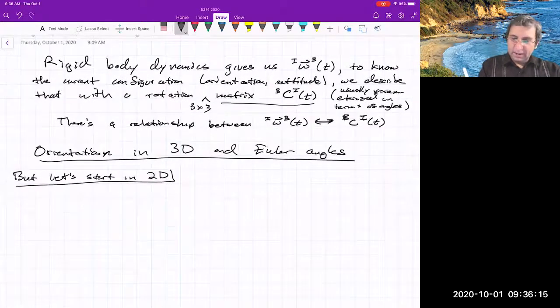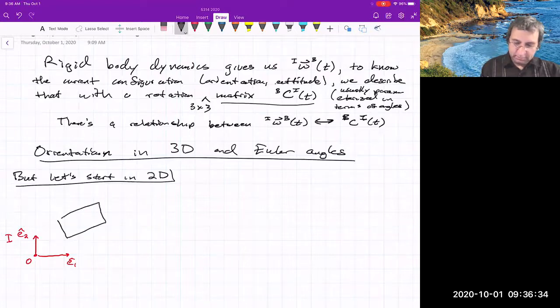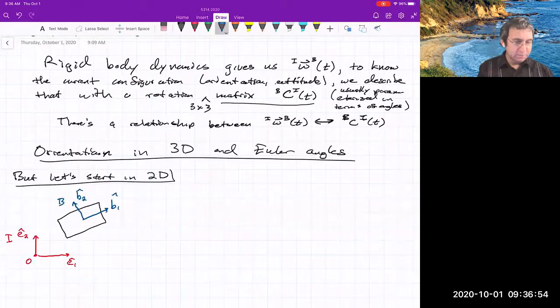So here's an inertial frame, E1, E2, is my inertial frame. And I've got a body in 2D, something like that. And I've got a body fixed frame, right? The only way to describe the orientation of a body is to first consider that you have a frame attached to the body. So there's a frame, we'll call it the B frame. It's attached to the body.